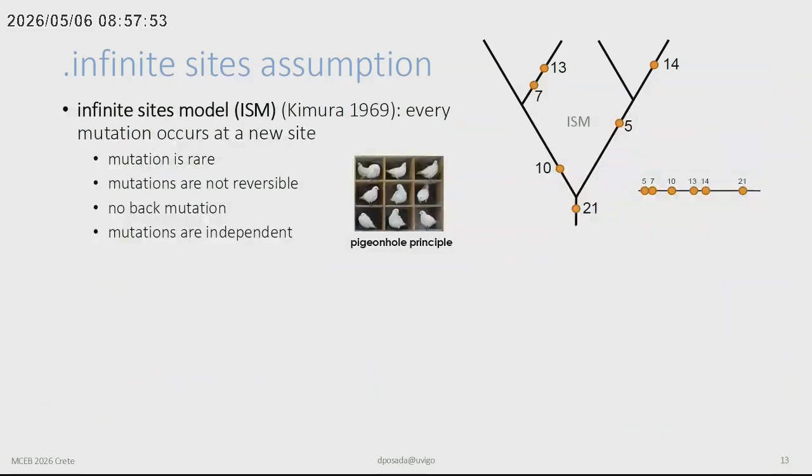In the cancer community, most of the models assume the infinite sites model, that mutations are rare and not reversible. They only happen once, right? Because the underlying thought is that mutation is rare, so therefore it never happened twice. And they call this the pigeonhole principle. Indeed, this comes back to Kimura. And that's very convenient for algorithmics, right?